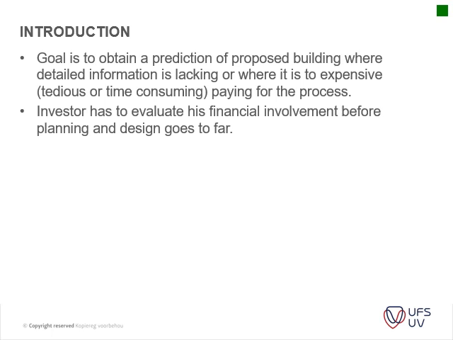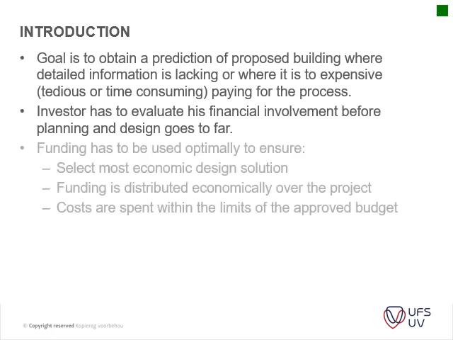The investor has to evaluate the financial plan. This is what I said earlier, that after stage 2, usually they assess whether they're going to continue with this project or not. Funding has to be used optimally to ensure to select the most economical design solution. Funding is distributed economically over the project, and costs are spent within the limits of the approved budget.